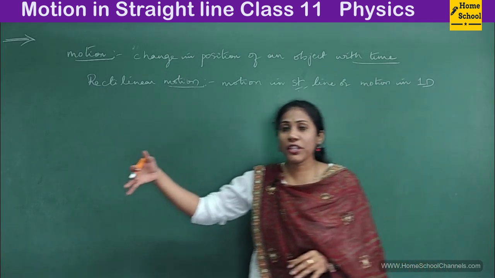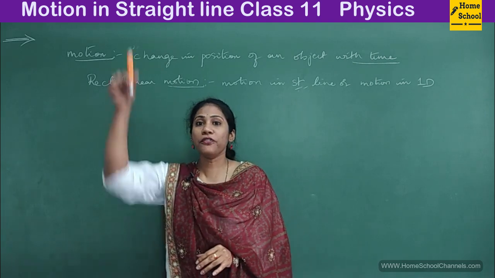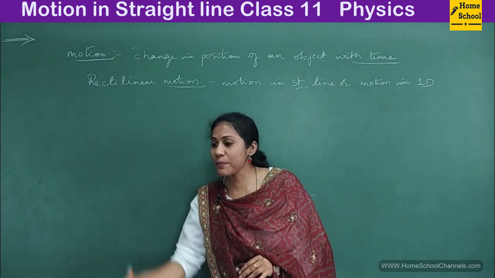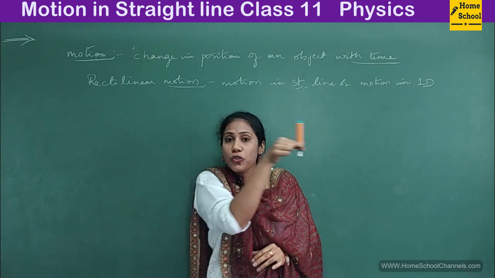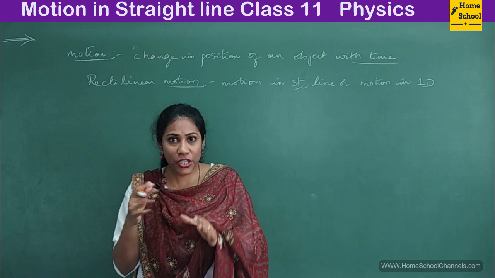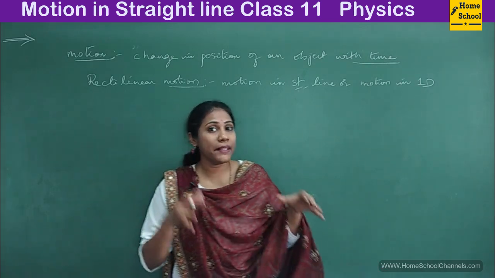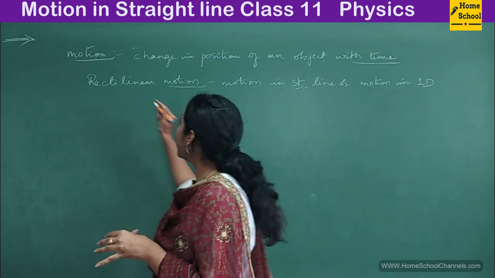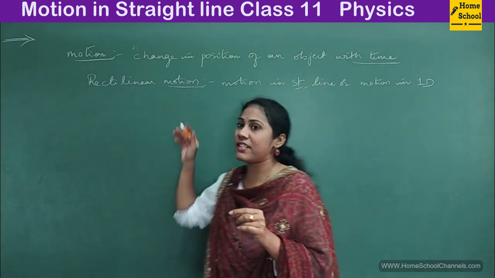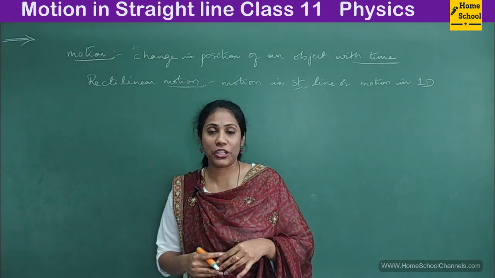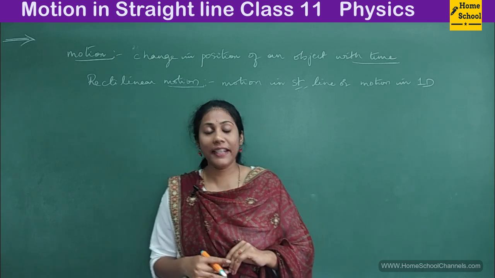This is an object. If it is moving like this, or like this, it is moving in a straight line. So motion in a straight line or in only one dimension is also called rectilinear motion. This is the physics term. So we got to know what this motion is.